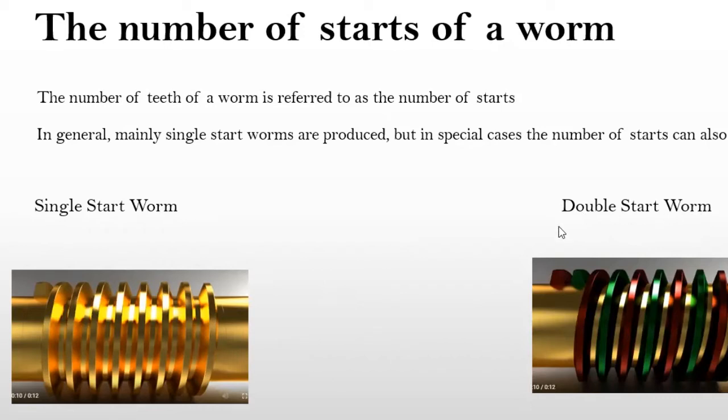If we are talking about the single start worm, you can consider the gear with one tooth. That's why we call it the single start worm. So single start worm means one tooth.